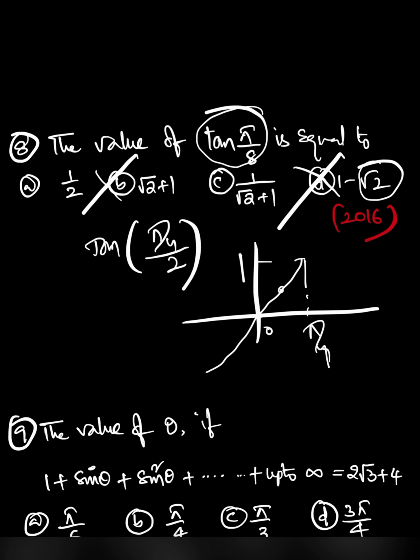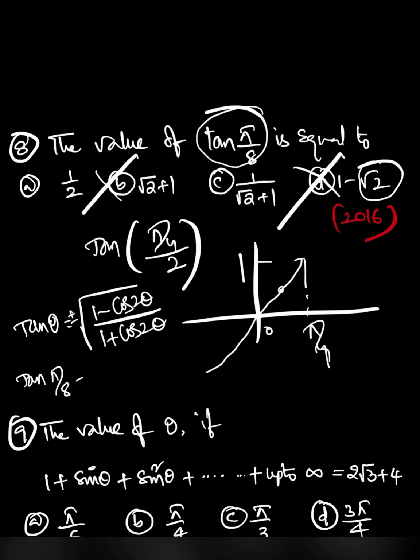Then there is a formula to solve this question, that is tan theta equals root over 1 minus cos 2 theta by 1 plus cos 2 theta. Anyway, we will get plus or minus here, but pi by 8 is in the first quadrant, so I'll take positive only. So in order to solve tan pi by 8, I want to find 1 minus cos 45 by 1 plus cos 45.